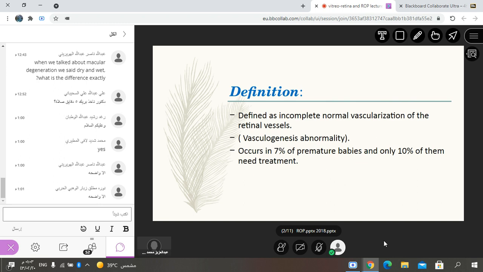It occurs in 7% of premature babies, and only 10% of them need treatment. So only 7% of premature babies will have ROP, and only 10% among those will need treatment. This is based on international studies.